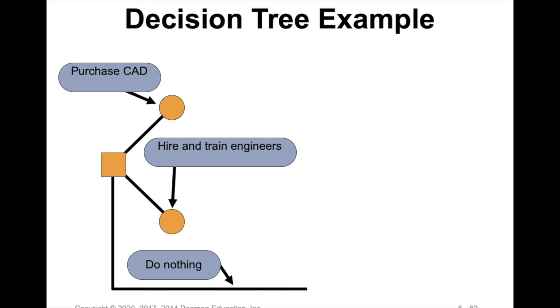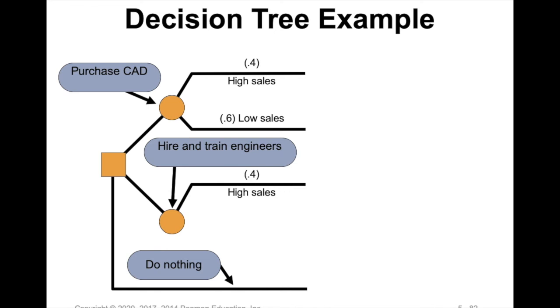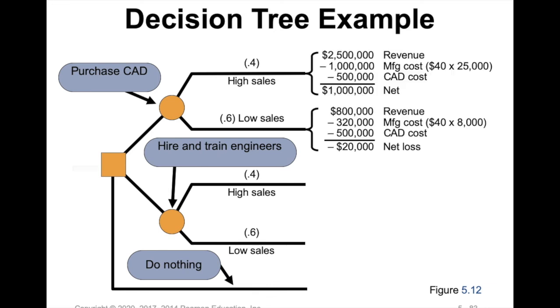So sama ada dia nak purchase CAD, nak hire train engineers, or do nothing. So tadi kalau high sales, dia punya probability is 40%, low sales 60%. So this is the cost calculation as I mentioned.